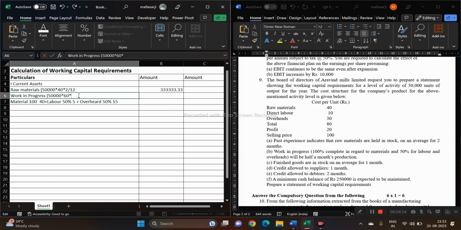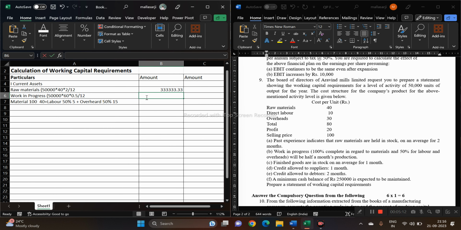60 rupees into how many months? It will be half a month of production. So production will take place just for 0.5 months, half a month, divided by 12 months.